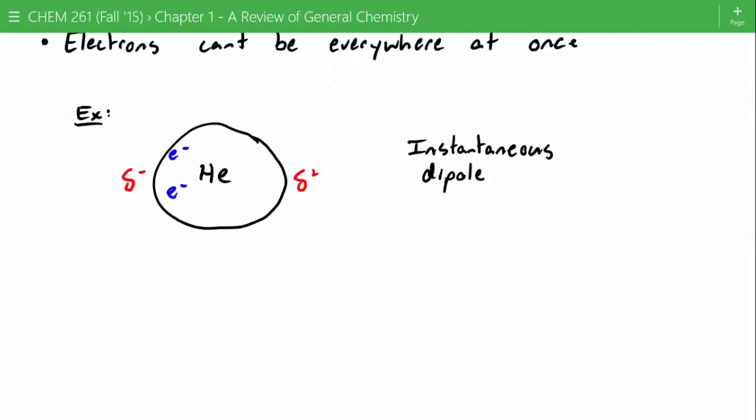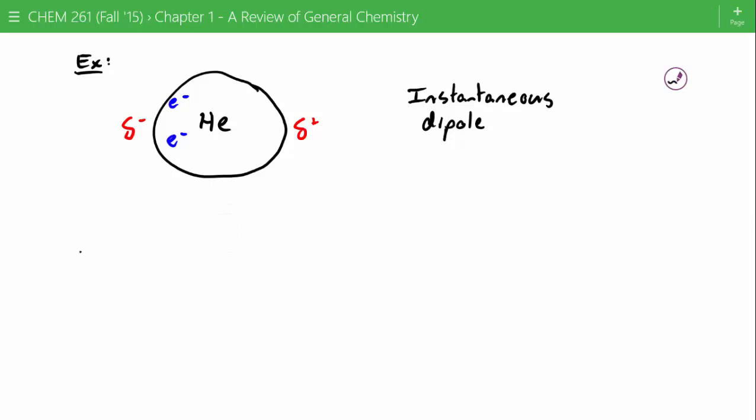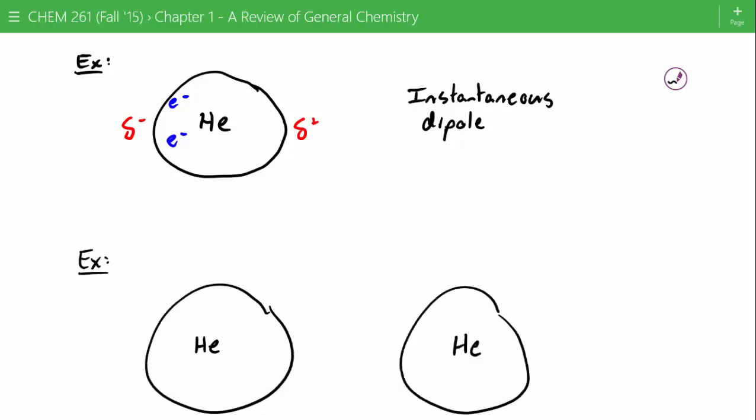is, let's say we've got 2 of these. Let's say we've got a helium atom here, we've got our big s orbital, we've got a helium atom over here, and we've got 2 electrons on the left-hand side of each. That means over here we've got a delta positive, over here we've got a delta negative, and over here we've got a delta positive, and over here we've got a delta negative.